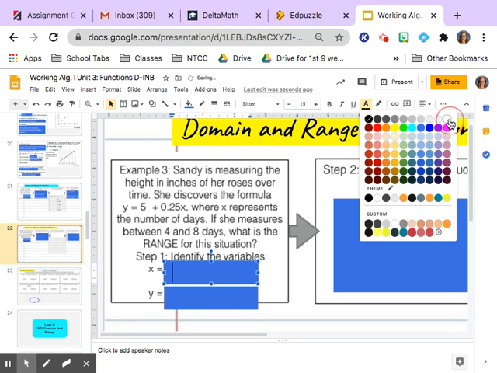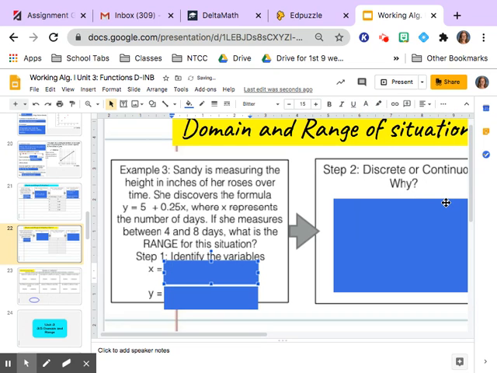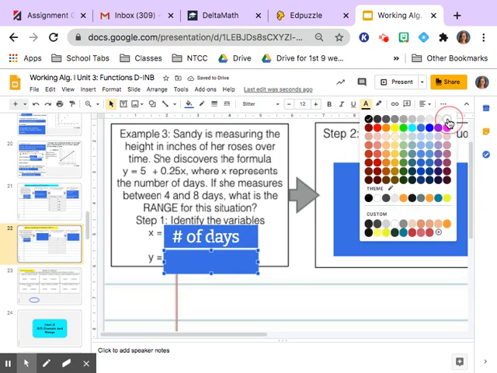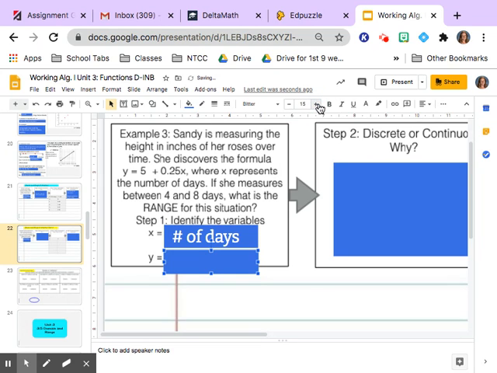So X, what does X represent? It tells us in here. Number of days. And then what does Y represent?